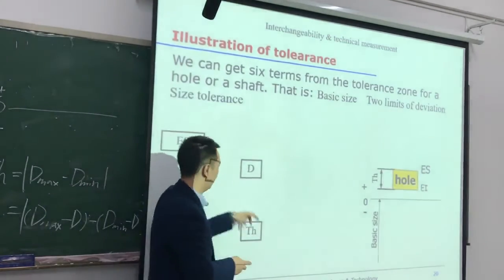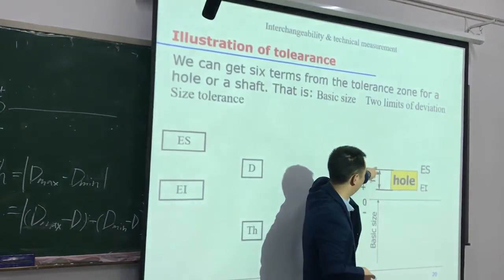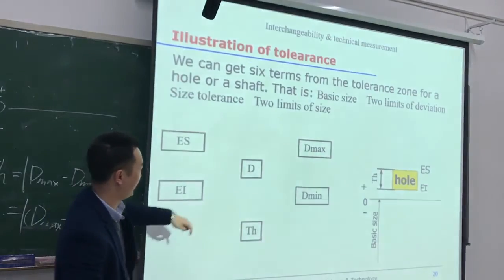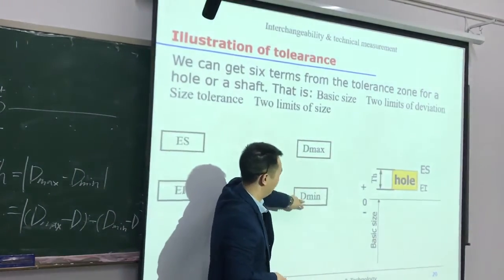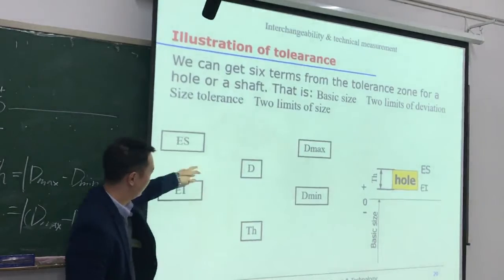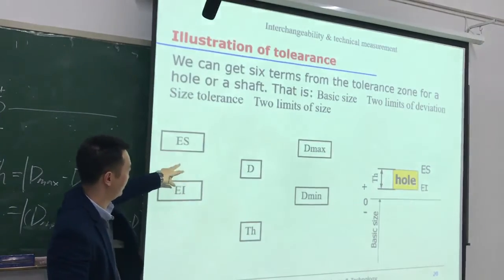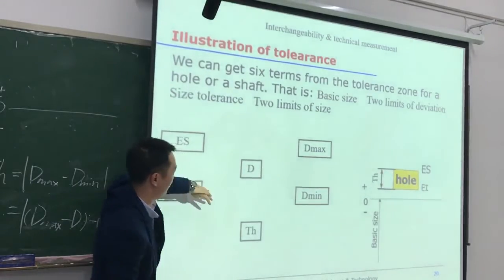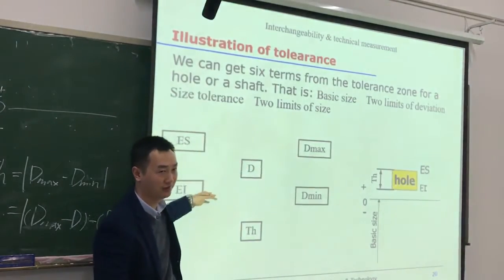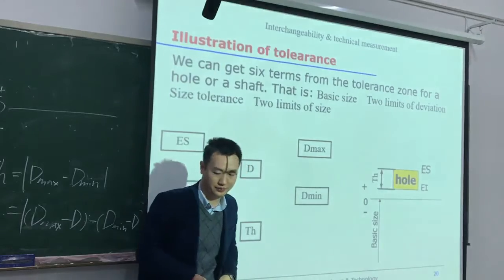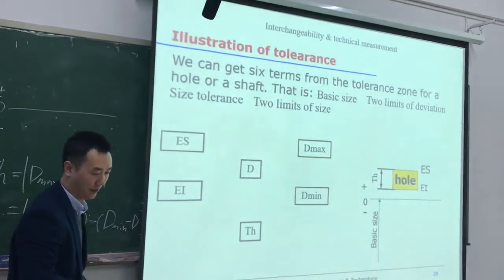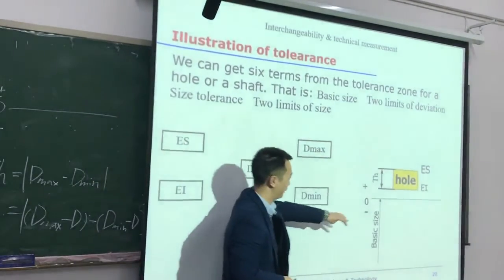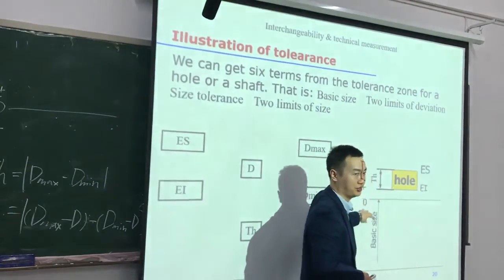Here we have the tolerance for the hole, and we have the maximum limit and the minimum limit. So can you figure out their relationship here? In fact, this graph can help you understand their relationship.